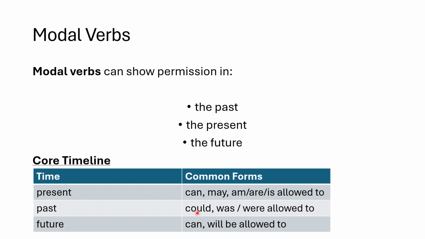Past, could, and was or were allowed to. Future, can, and will be allowed to. Modal verbs themselves often do not change form very much. Instead, English changes the time expression or uses structures like be allowed to and have been allowed to.